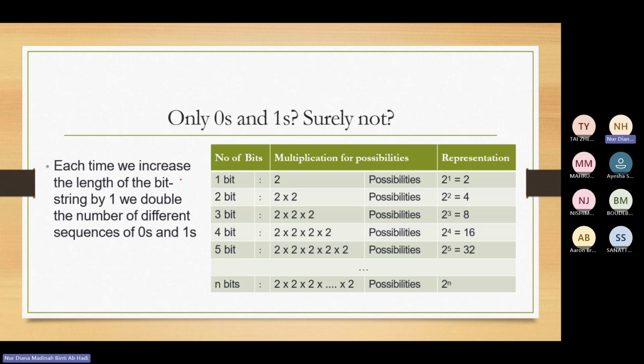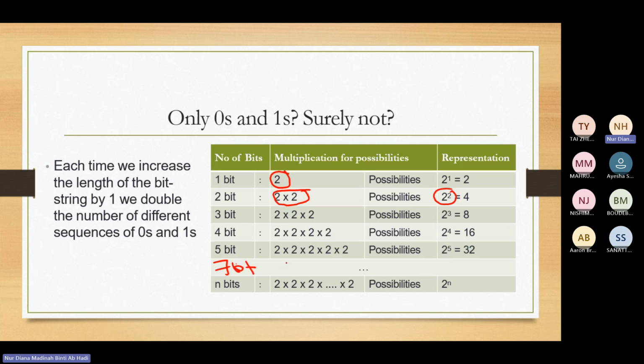So each time we increase the length of the bit string, we double the number of sequences of 0 and 1. For example, with 1 bit, we have only one value. If we have 2 bits, we have 2 times 2, which we represent as 2 to the power of 2. When we have n bits, for example, 7 bits.